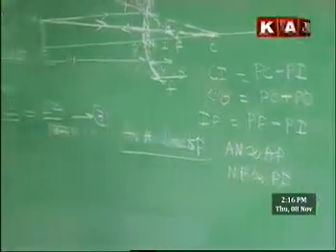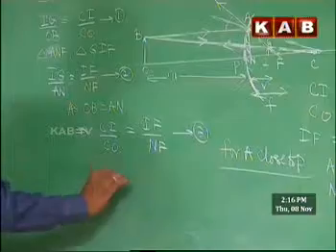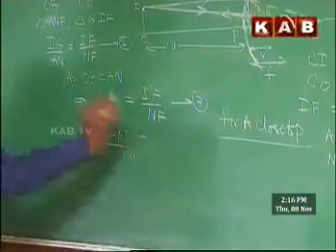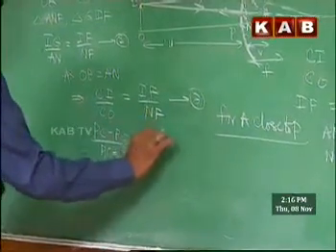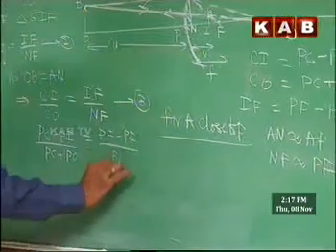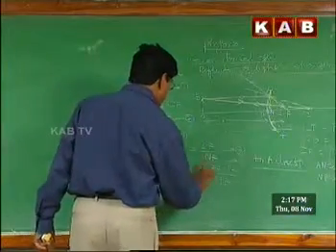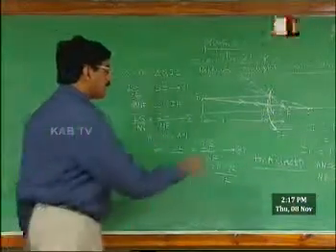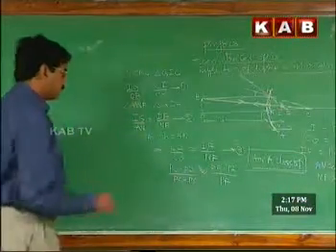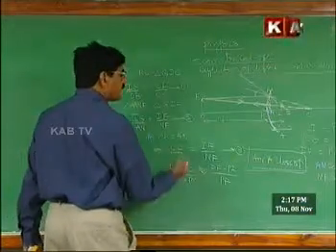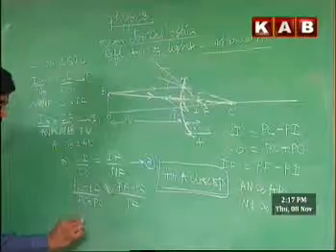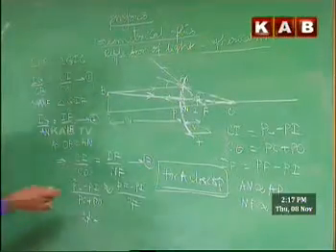So therefore, substituting here, (PC minus PI) by (PC plus PO) is approximately equal to (PF minus PI) divided by PF. This is valid only in the case of point A close to P, that is, small linear objects. Substituting the values, PC is the radius of curvature, which is double the focal length, minus PI.